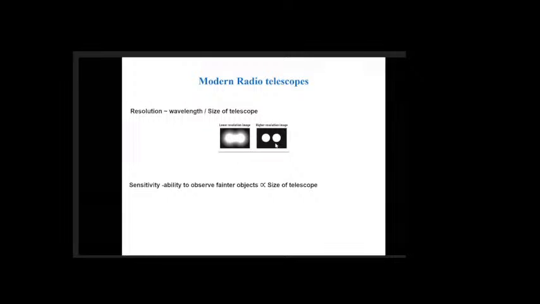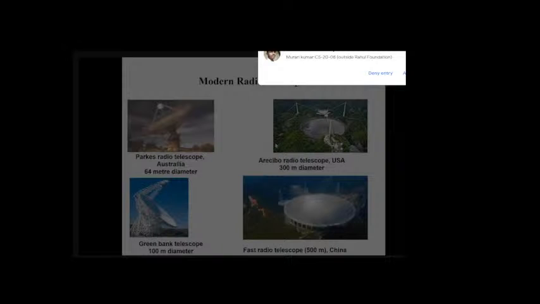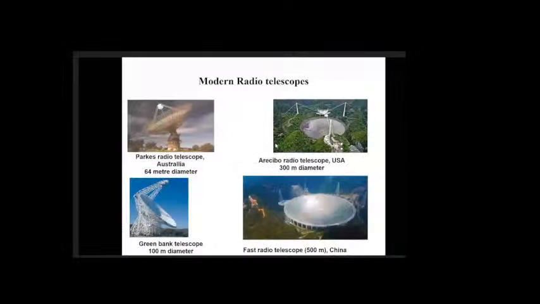If you want a better telescope, the size of the telescope should be very high. That's why people have started building big telescopes, like the one we see in the right bottom panel. This is what China has built recently, a 500-meter telescope.